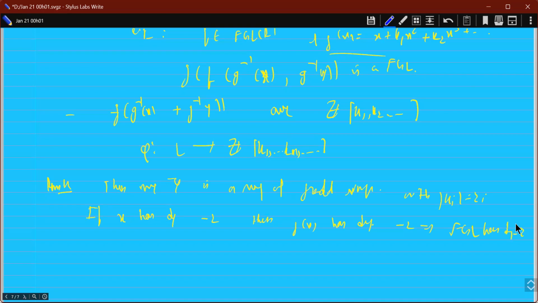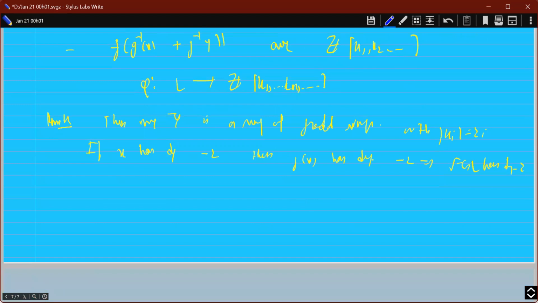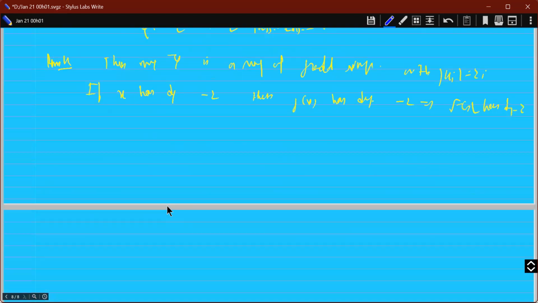Right. So now we get into the details of the proof stepwise. So I is an ideal in L, the ideal given by all positive degree elements.